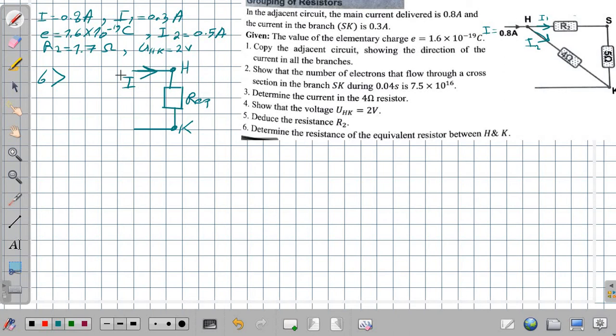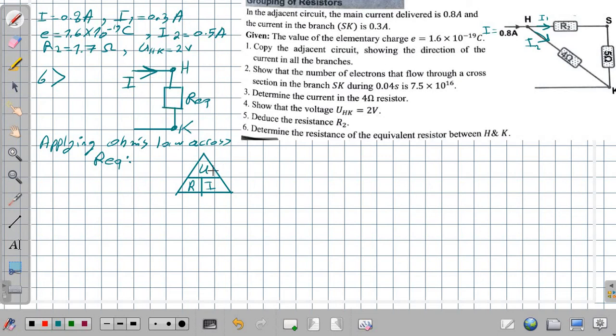هلا بما انه انا معي المين كارنت ومعي الفولتج اتش كي بسهوله بطلع الار equivalent عن طريق الاومز لو. Applying ohm's law across R equivalent, let's construct the equivalent resistor. Ohm's law for equivalent resistor, URI, which current? The current passing through R equivalent, which is the main current.